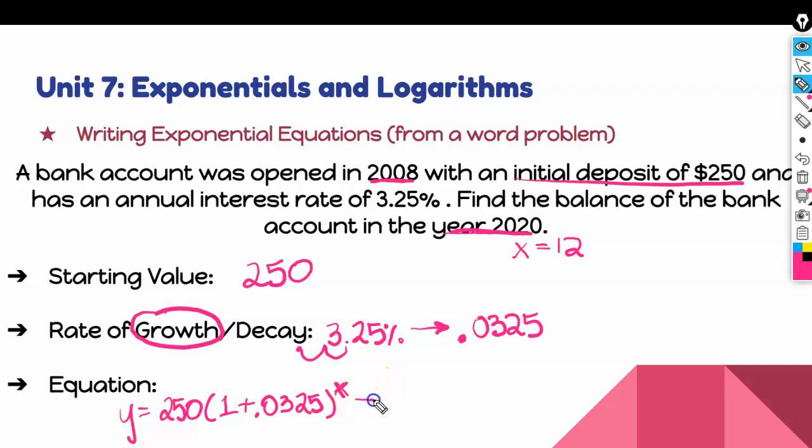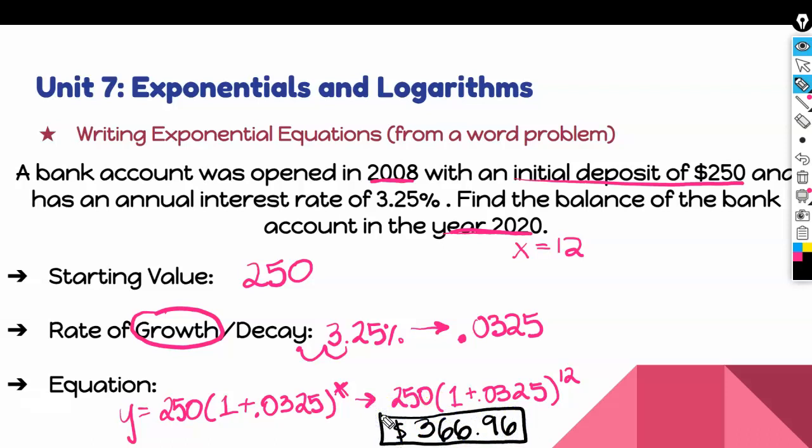So to find my answer, I'm going to plug 12 into this equation for X. And then I will plug it into a calculator. And when you plug that into a calculator, it gives you something like $366.96.